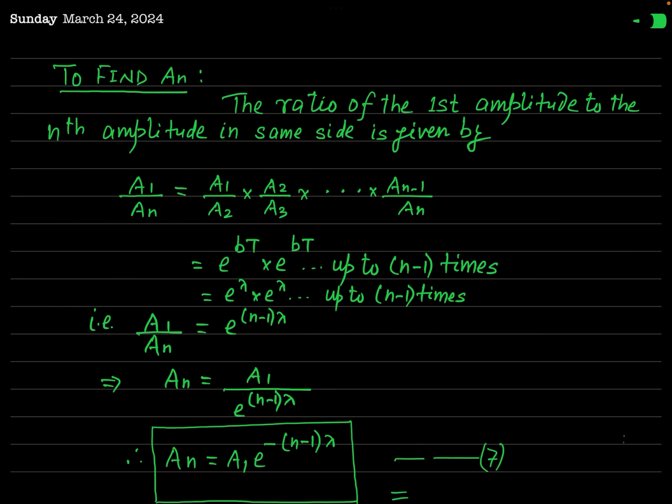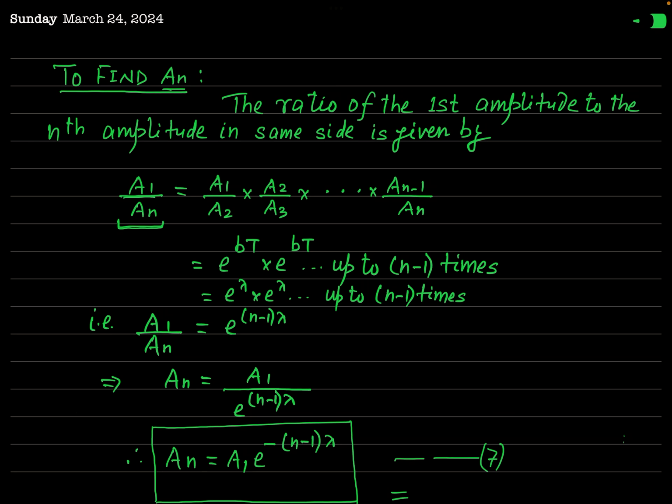Okay, now let us try to find the amplitude of the oscillator after nth oscillation. If A1 is the amplitude of the oscillator after first throw and An is its amplitude after nth throw, then what will be this A1 by An?